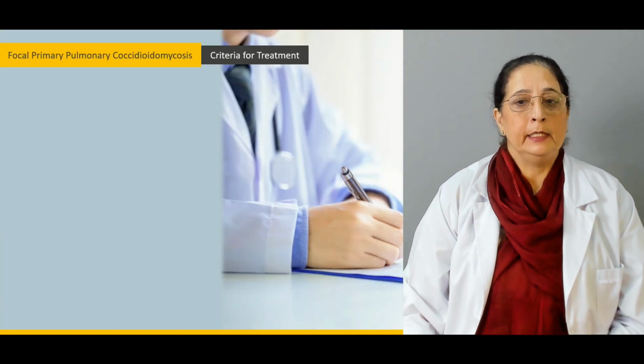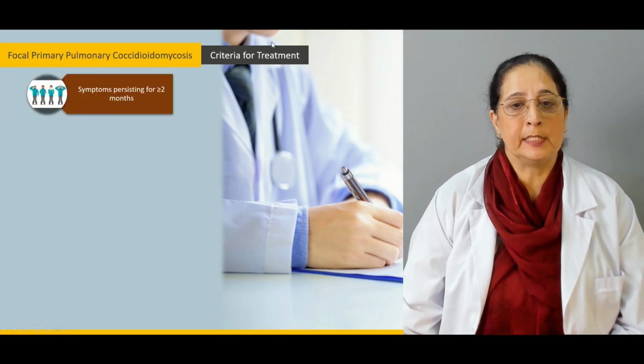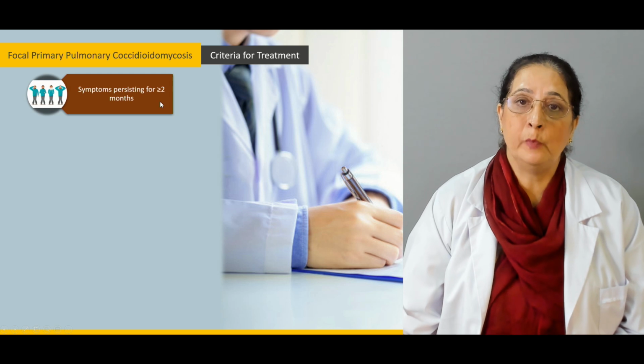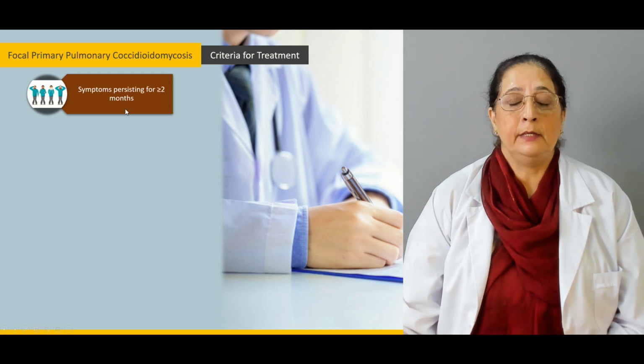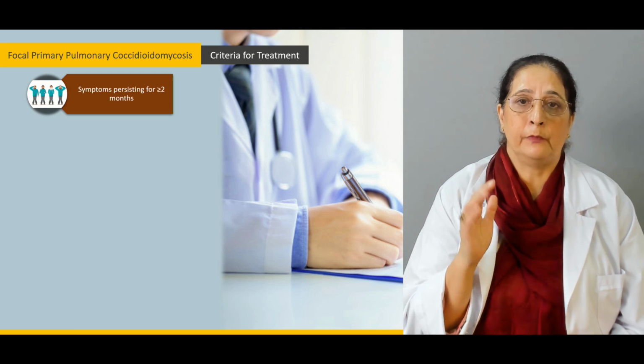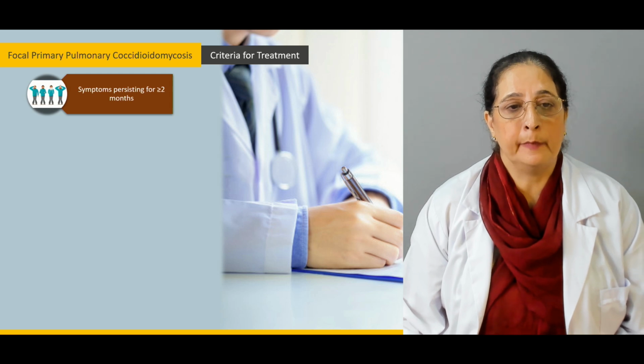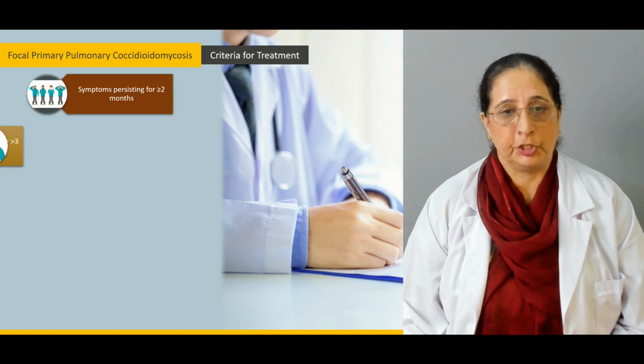Next, the criteria for the treatment, we have symptoms persisting for more than 2 months. So that's a very important criterion. If the symptoms are present for more than 2 months, we should initiate the treatment for the infection.